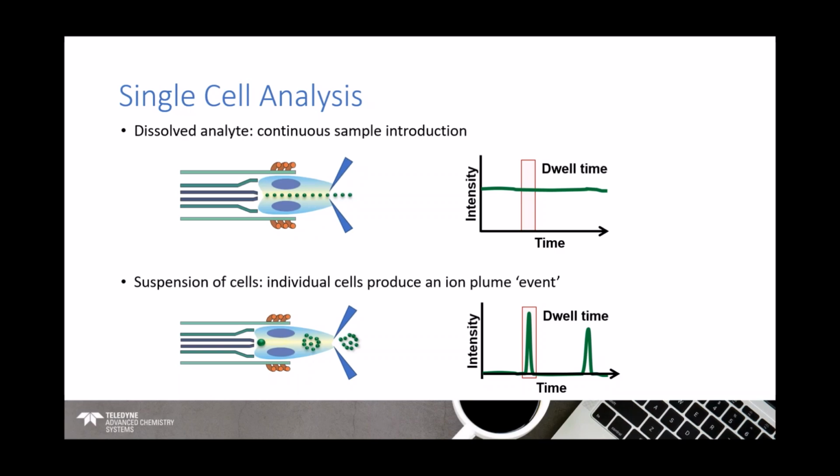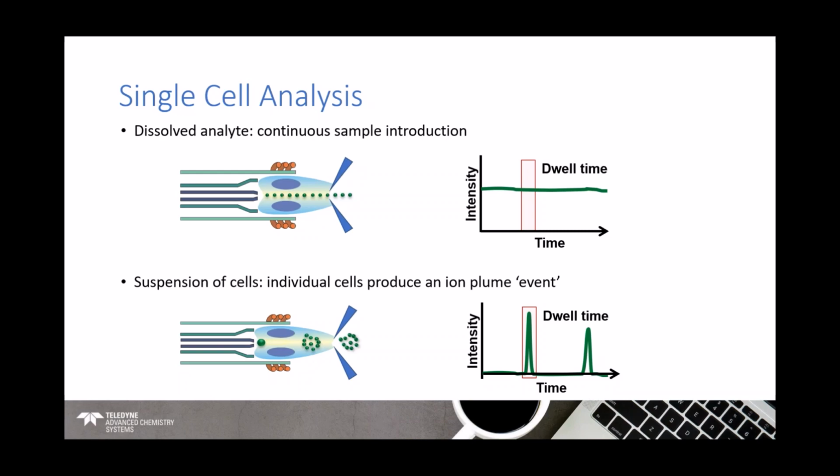On the image here on the top left-hand side of the screen, we've got a plasma torch, and you'll see these green dots going through representing homogeneous sample going through the plasma for atomization, ionization, and detection.